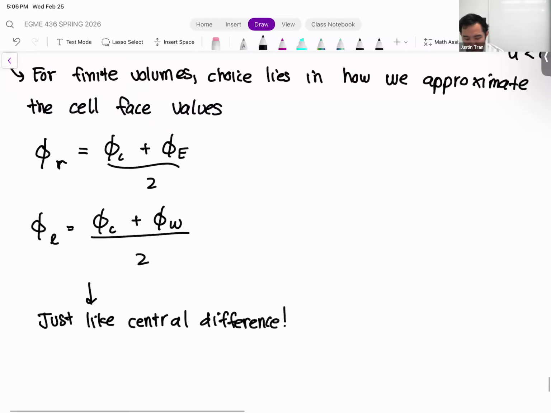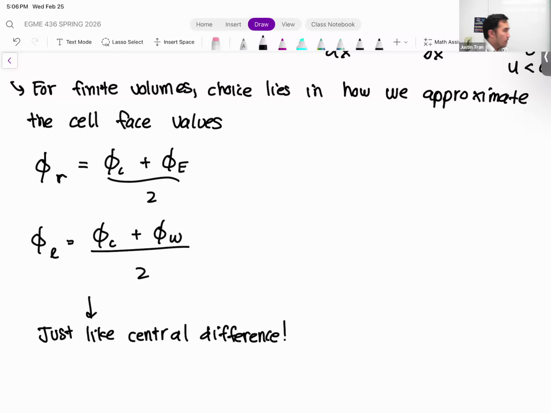Because of that, if you go with this scheme, you could end up with unstable solutions if the Peclet number is greater than 2.